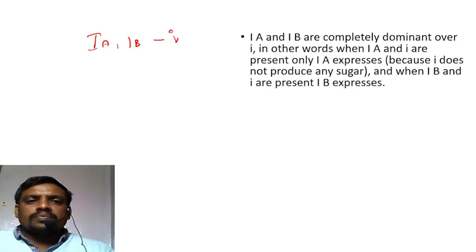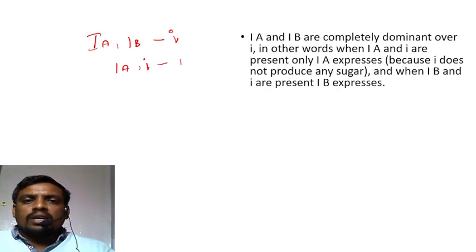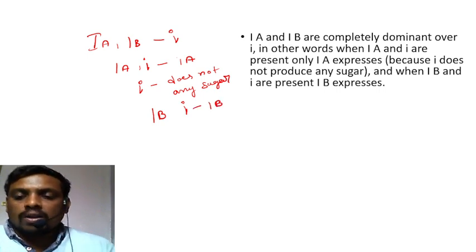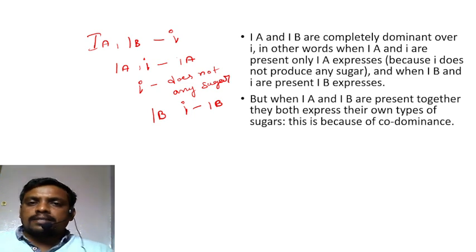In other words, when IA and small i are present, IA expresses, because small i does not produce any sugar. When IB and small i are present, IB expresses.